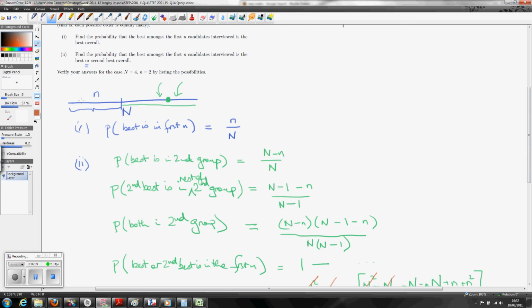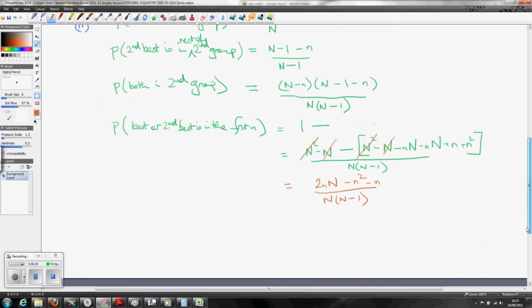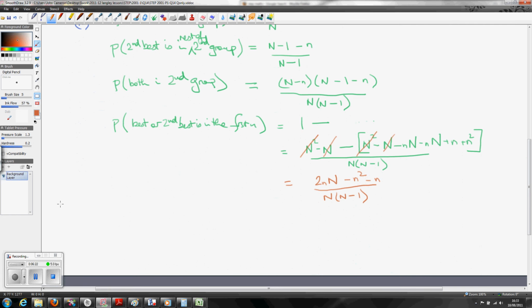And the last part says, verify your answers for the case N equals 4 and little n equals 2 by listing the possibilities. Well, let's work out what our answer tells us here.